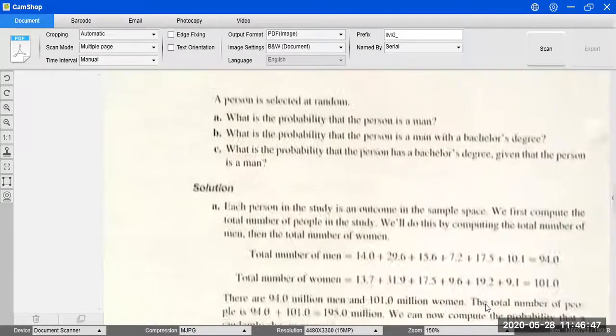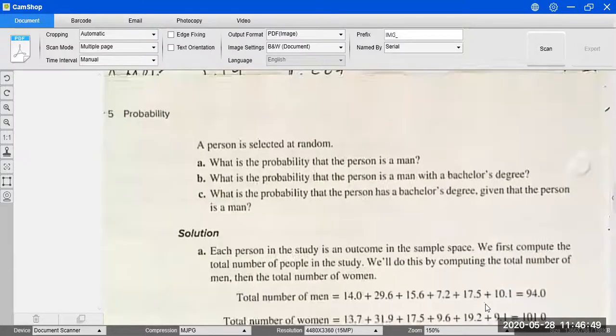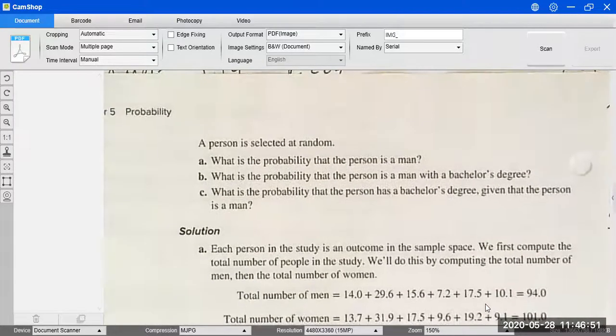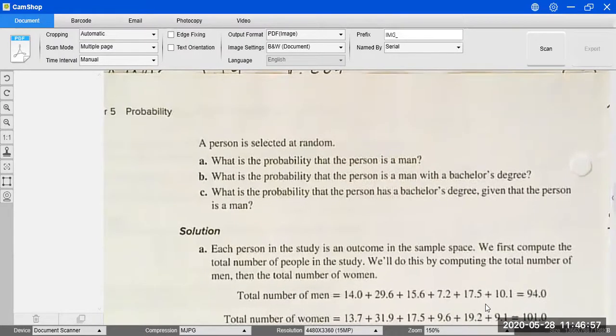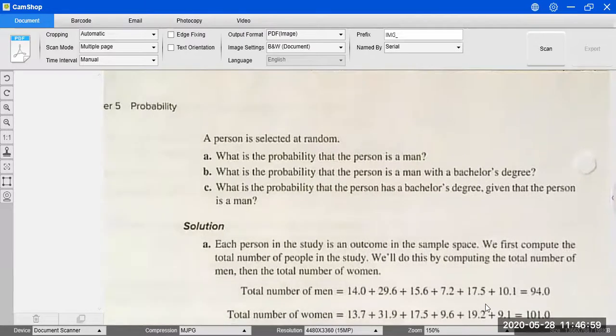The second question is, what is the probability that the person is a man with a bachelor degree? Now we have a compound event with the and operator, because with means that two events are happening at the same time.